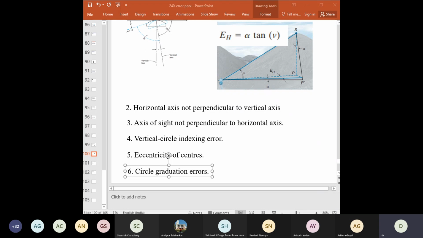And total stations always use readings taken from many locations around the circles for each horizontal and vertical angle observation, which is a very good way. So during observation, the whole run of the graduations is used so as to minimize the errors.